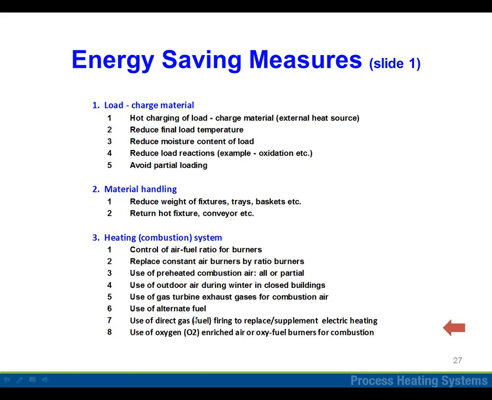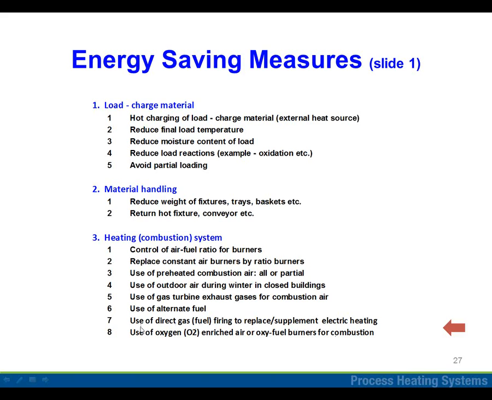Use of alternate fuel, not an option for you. Direct gas firing to replace the supplemental electric heating, not an option for you. Oh yes, you do. Particularly in the arc furnaces, if you can get by using oxy-fuel burners or carbon injections or oxygen injections, those kind of things.